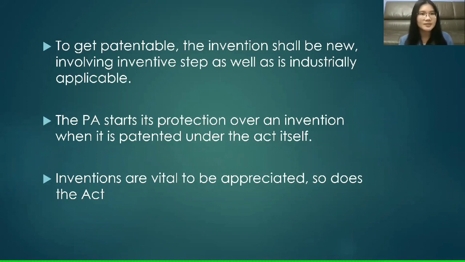The PA starts its protection over an invention when it is patented under the Act itself. The patentee may prevent other people from gaining benefit from his invention. Furthermore, he is free to assign any right of such patent to another person or choose to form a license contract for the patent at his will.